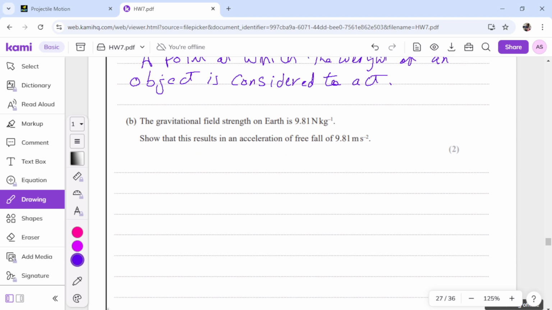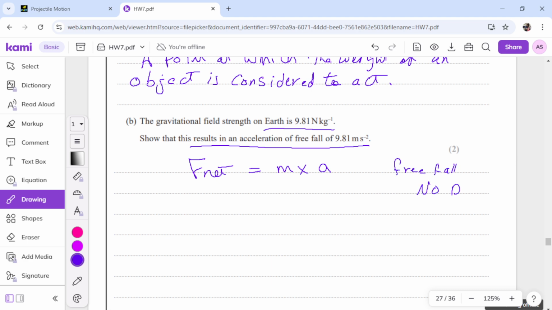And the last part: the gravitational field strength g equals 9.81, show that the resultant acceleration of free fall equals 9.81. So first we write F net equals mass multiplied by acceleration, and because the object is falling in free fall, it means no drag force.